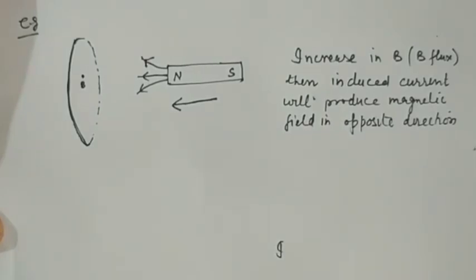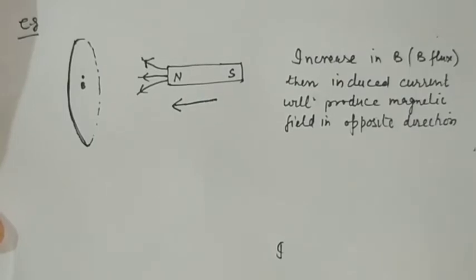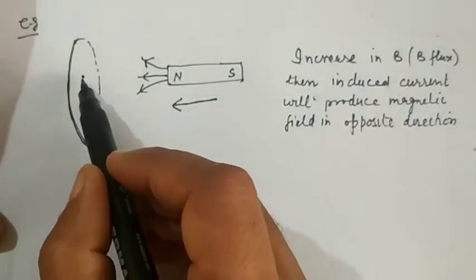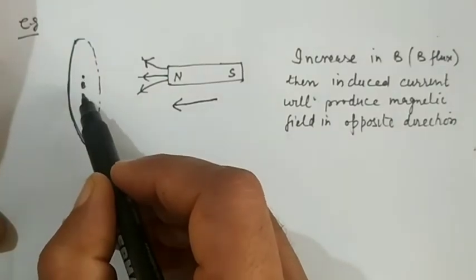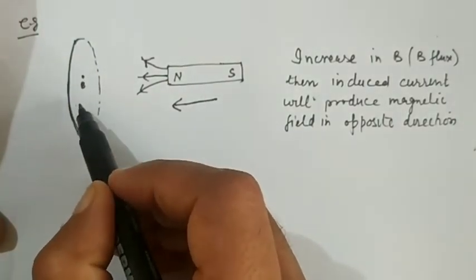So according to Lenz's law, the induced EMF or current is produced in such a way that it opposes the increase. Here the magnetic field is increased. How can it oppose?